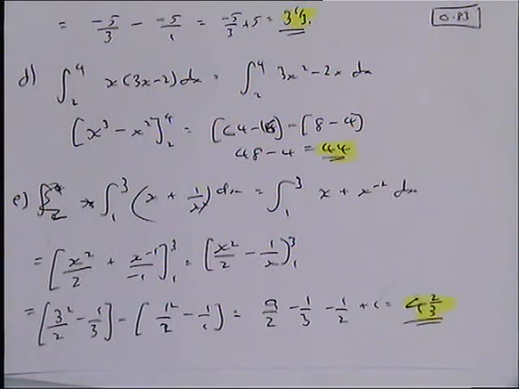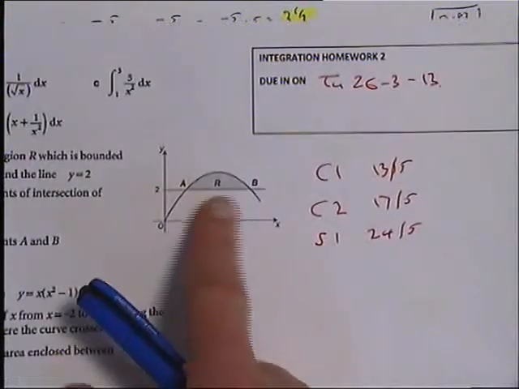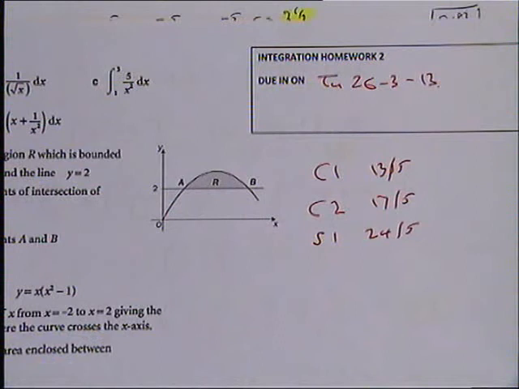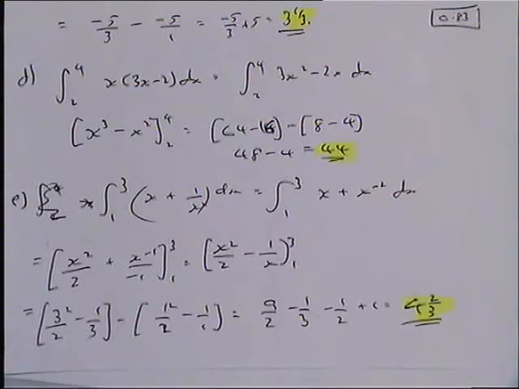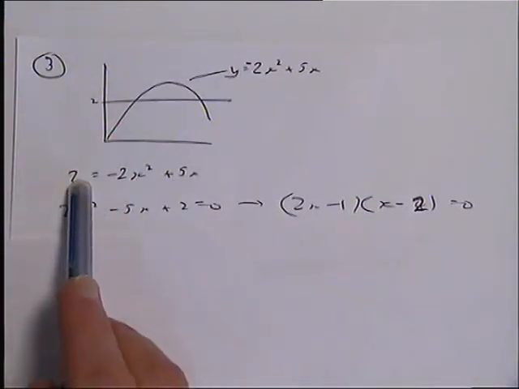Question 3, we had to find this area up here. And first of all, we had to find the coordinates of A and B, which were the points of intersection. So to find the points of intersection, let's get rid of that bit of paper a minute. To find the points of intersection, I put the curve equal to the line.